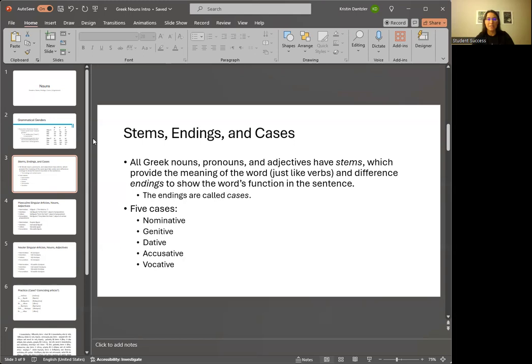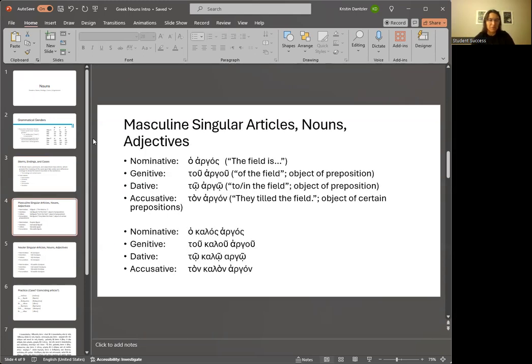So it would be like, you, slave, come here. The slave, you slave, that's in the vocative. You're directing your sentence, your order, your command to someone, or at least you're speaking to them. So that's vocative. Again, more rare.